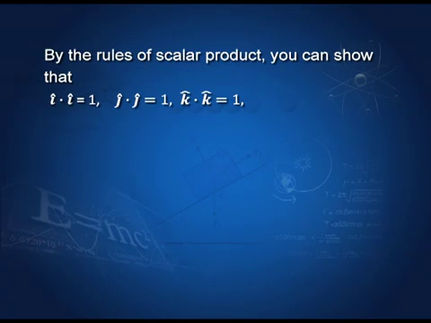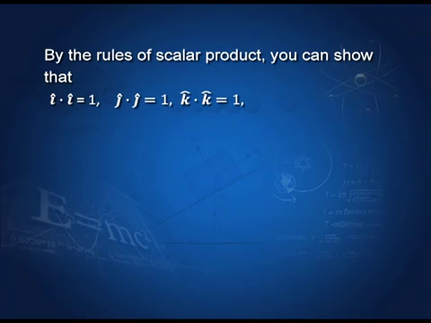By the rules of scalar product, you can show that the dot product of i cap with i cap is just equal to 1, because it is 1 into cosine theta, and the angle theta between them is 0 degrees. Therefore, cosine of 0 is 1. i cap dot i cap is 1, j cap dot j cap is 1, k cap dot k cap is 1.